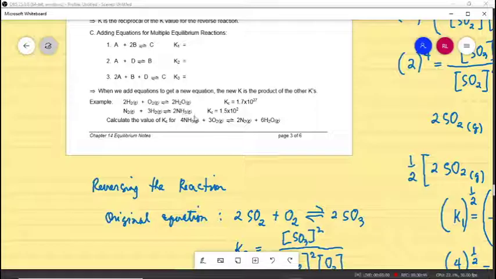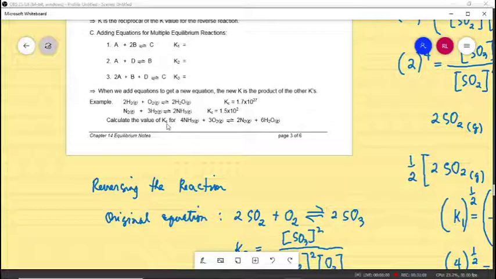So, how are we going to solve for the equilibrium expression for the overall reaction? Of course, pag alam mo ang overall reaction, pwede mo i-compute base doon ang equilibrium expression.